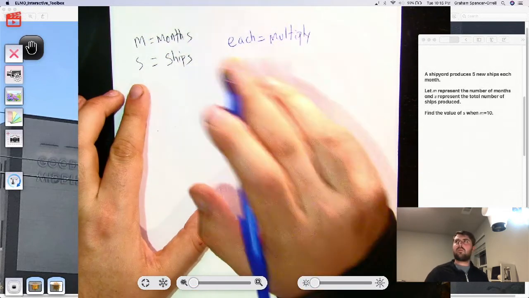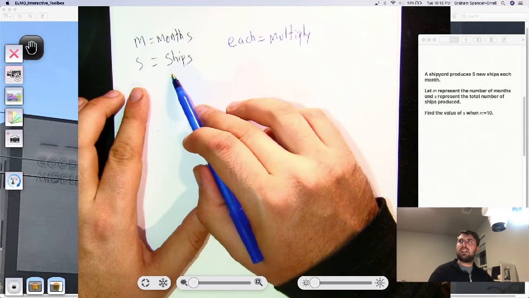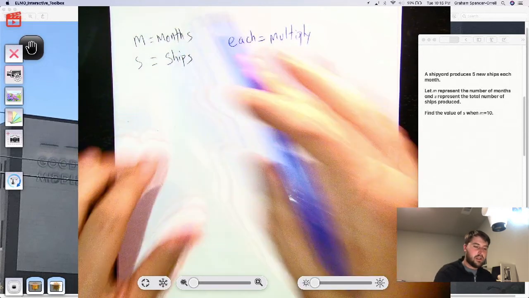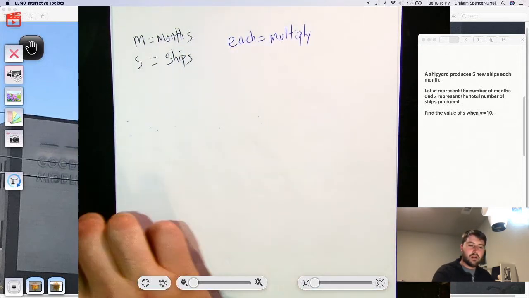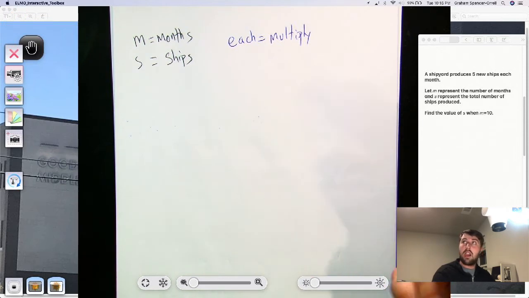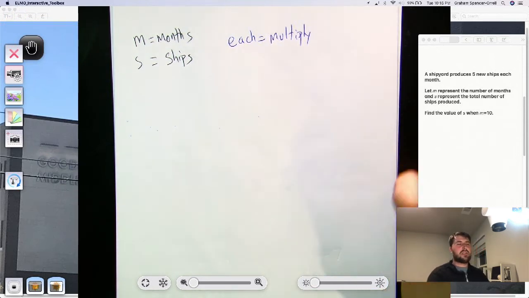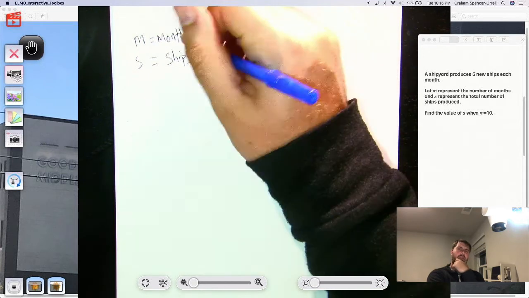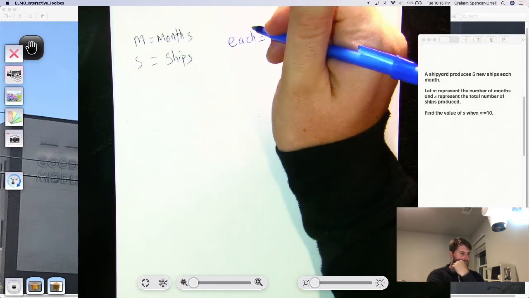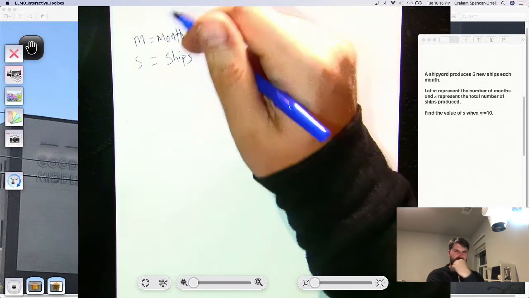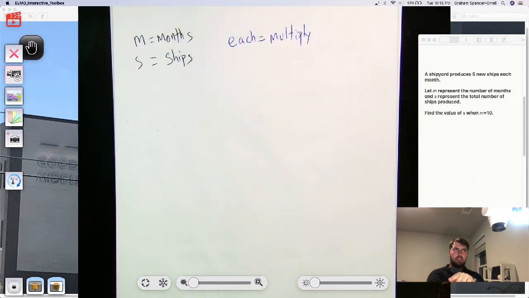So how many ships do they build each month? So we're going to have our months and our ships. Now, one of those is going to be independent, and one of them is going to be dependent. Can I count the number of months? I can. I can go, okay, January, February, March, that's April, that was 4 months.